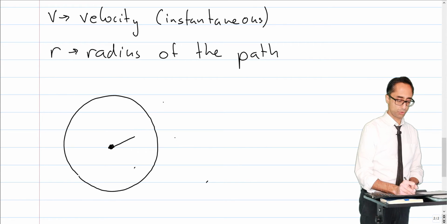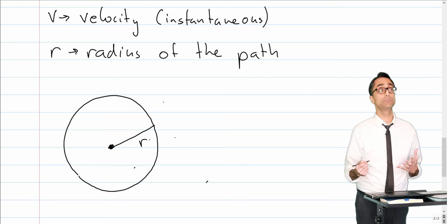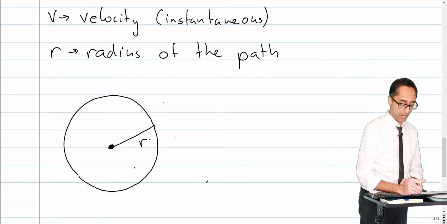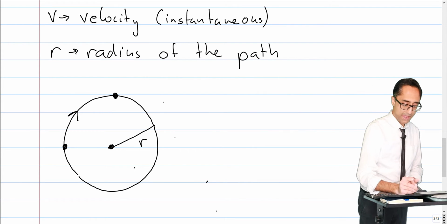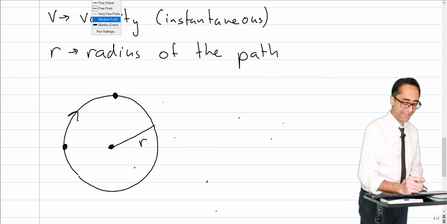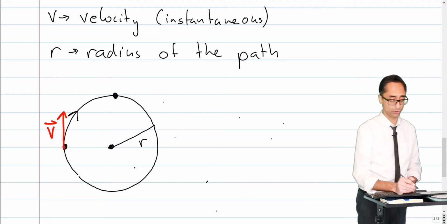And this circle has a radius of r, and we're going to make this our path. Our object might be here at one point, it might be here at one point, and it's headed in that direction. So it's going around and around. And specifically, at any of these locations, the velocity is going to be tangent to our circle.